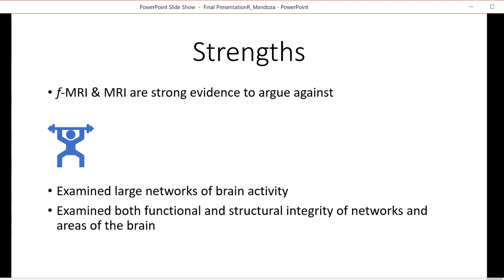The final, main strength of this research was that using the functional and structural MRI, it helped to understand and examine the integrity of the networks of the brain that were examined here.